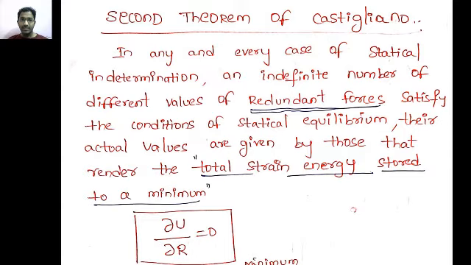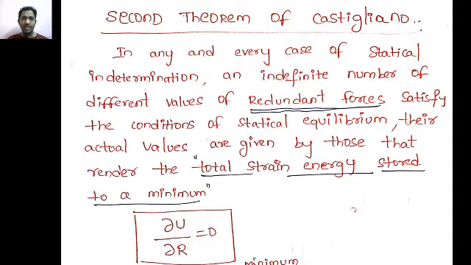If the particular element has one extra force when compared to the equations of equilibrium, we have to find those unknown forces. By using the second theorem we find those unknown forces, which may be called redundant forces.